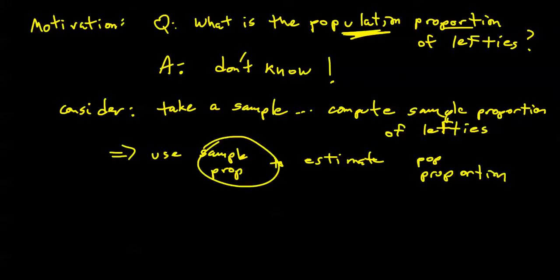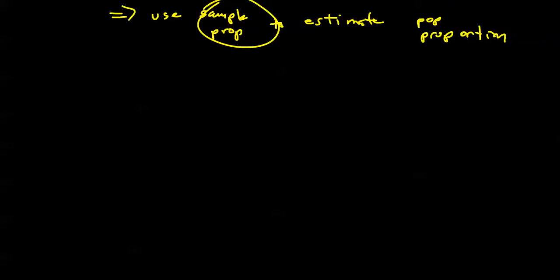It's easy enough to compute a proportion of a sample with any desired characteristic of interest. Let's do a numerical example. Let's suppose in a sample of, let's say, 30 people, that yields 5 people who are lefties.